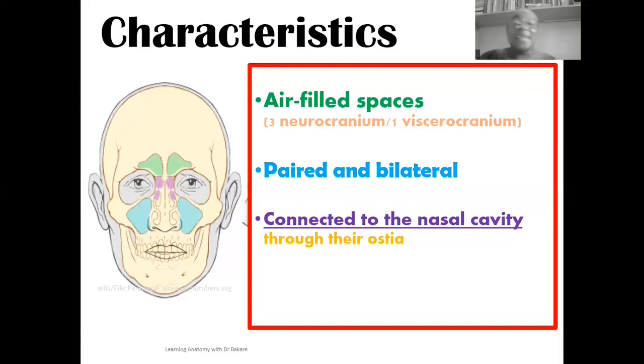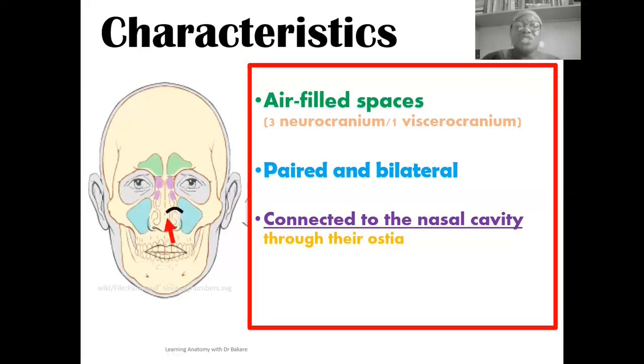These paranasal sinuses are also connected to the nasal cavity. We already established that they are air-filled spaces located around the nasal cavity, and the aim of being arranged around the nasal cavity is structurally to have a connection with it, and they connect through their ostia. So we have the ostium of each paranasal sinus connecting it to the nasal cavity. This is where we have the nasal cavity.